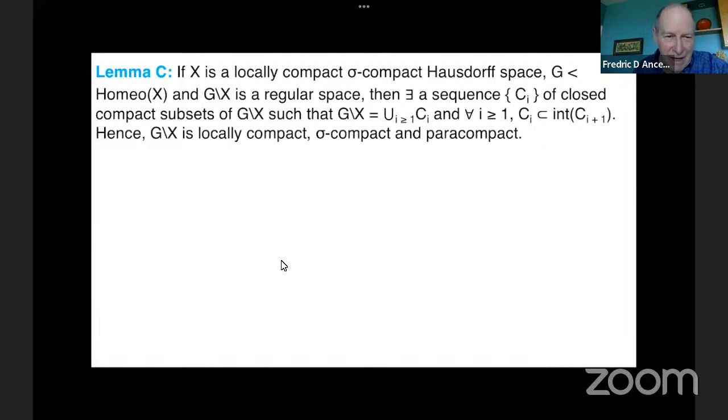So what this one says is, suppose I'm in a locally compact, sigma compact Hausdorff space. This is the situation where it makes sense to ask for G invariant proper gauge structures. And suppose that the orbit space is regular.